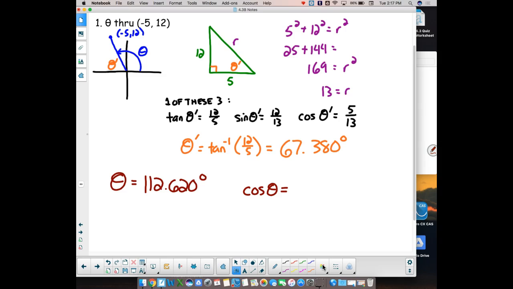I got to divide that by 13, which means the cosine here is -5/13. What's the y value of the point on my circle? So the sine value of my angle then would be 12/13.